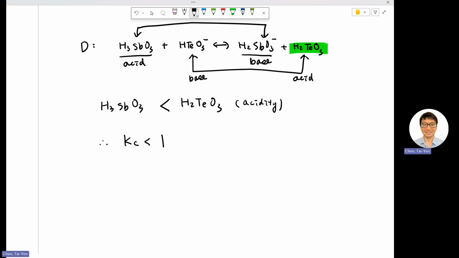Its conjugate bases are H2SbO3 minus and HTeO3 minus. In terms of basicity, which one is stronger?